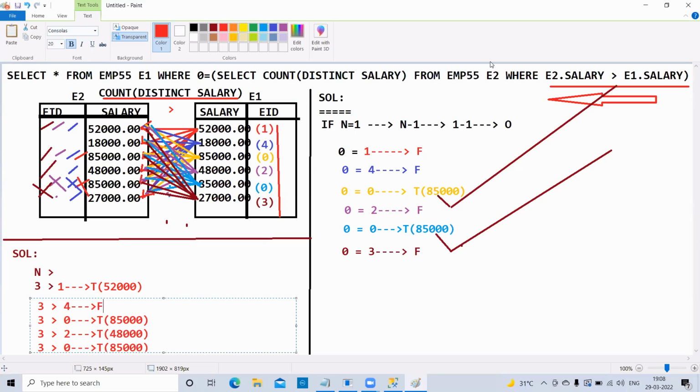Finally, 3 greater than 3: the condition is false.